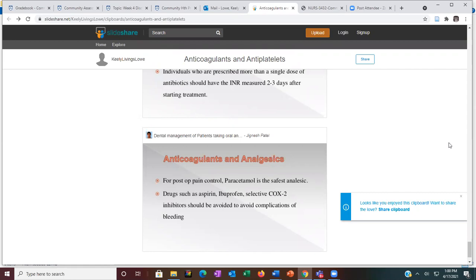The reversal agent, the antagonist of Coumadin or warfarin, is vitamin K, so increasing levels of vitamin K can prevent its anticoagulant effect. So they have to watch the foods they eat, the medications they take, and get their blood work checked at least monthly.